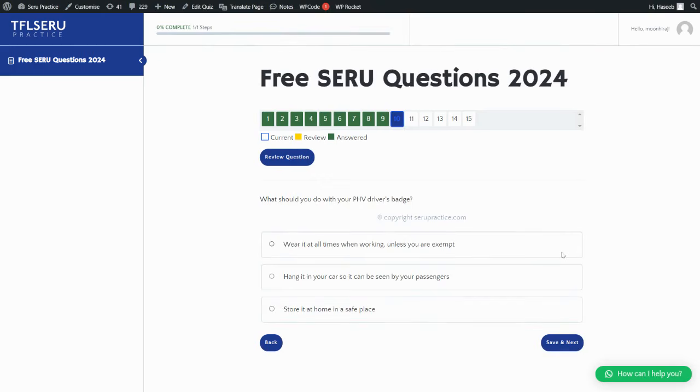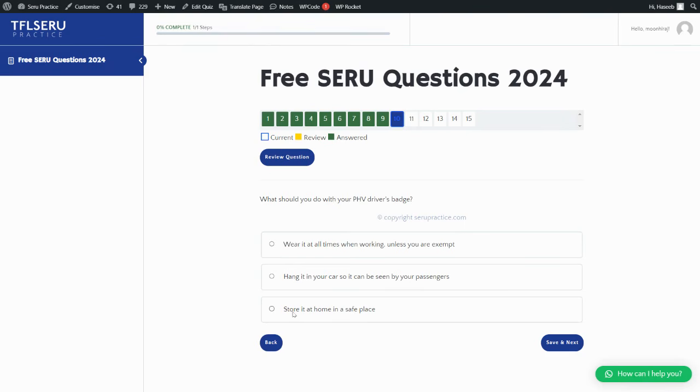Some MCQ questions in the TfL SERU assessment exams are designed to trick you. We sometimes try to answer something quickly, but we should first focus on the statement and then make sure that we are choosing the correct answer. For instance, in this question, it is being asked, what should you do with your PHV driver's badge? The three options given to us are: wear it at all times when working unless you are exempt, hang it in your car so it can be seen by your passengers, store it at home in a safe place.